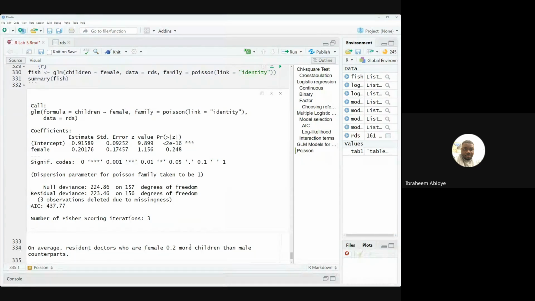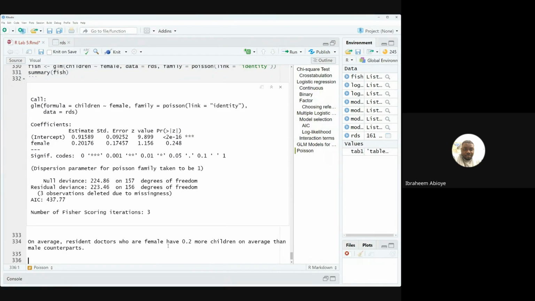Okay. Now, resident doctors who are female have 0.2 more children on average than male counterparts. So this is kind of weird. It's not a way that we would usually interpret this.